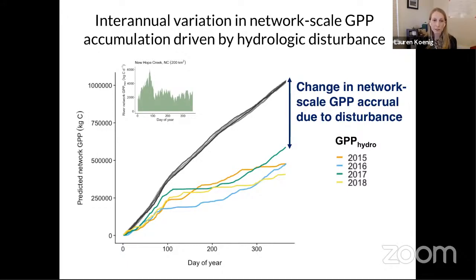And so I don't have time to go into this part of it, but we've run sensitivity analyses using these models to test whether predicted GPP at the network scale is more sensitive to the resistance or the resilience of stream biofilms. In other words, is the model more sensitive to how much biomass is lost due to a flood, or due to the recovery of productivity after a flood.